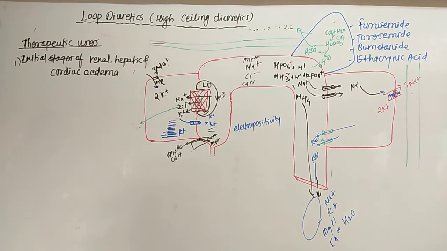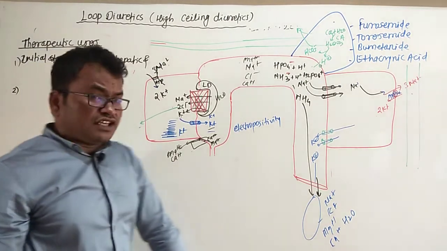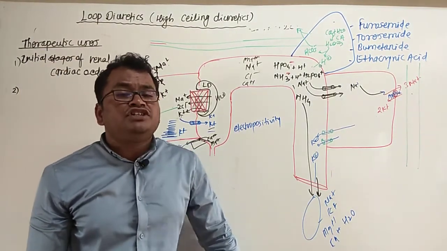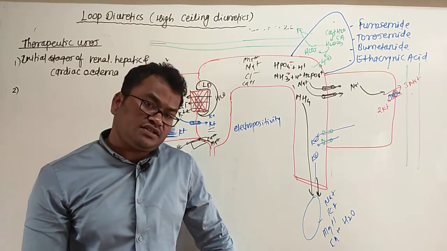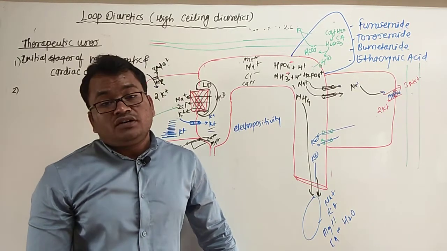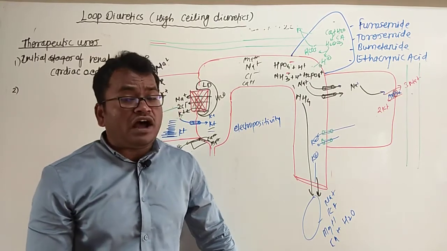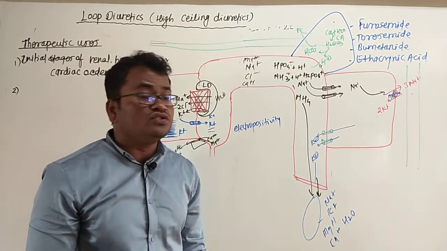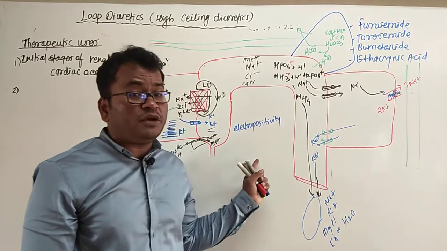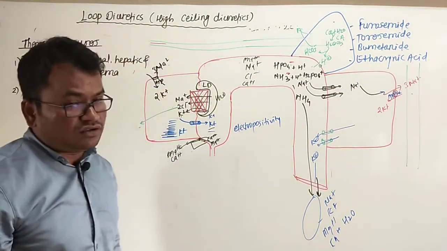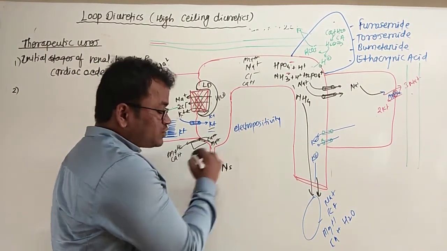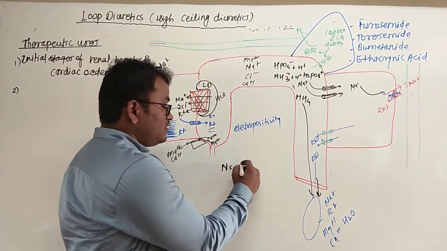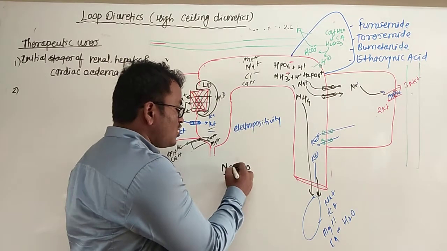The second one: if any person takes a maximum amount of calcium, then the extra calcium is dangerous. To eliminate this extra calcium in the hypercalcemic condition, we give the patient a loop diuretic, furosemide. This loop diuretic is given with normal saline solution. Why?